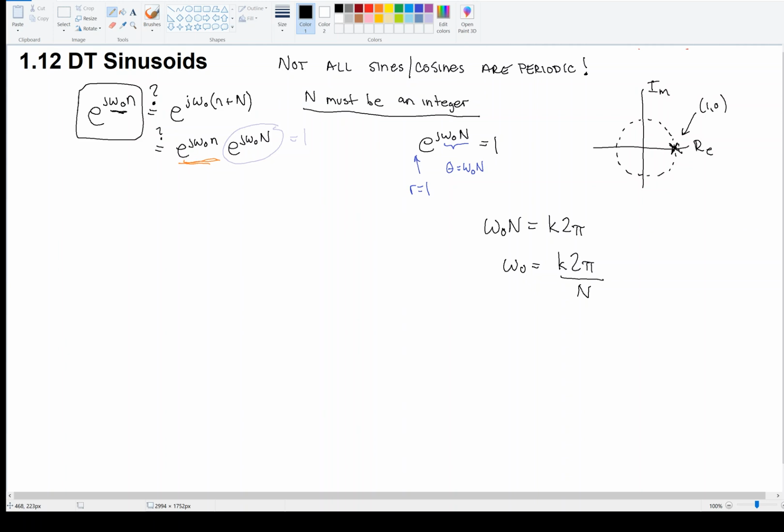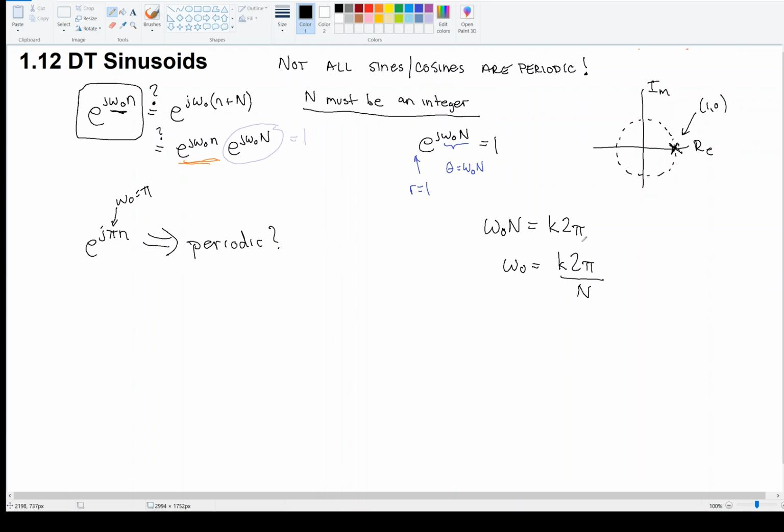Right? Let me give you a quick example. e to the j pi n. We want to know, is that periodic? Well, I identify right away that omega 0 is equal to pi.